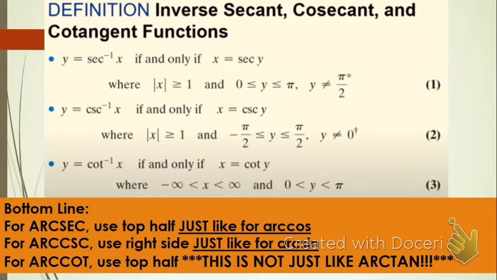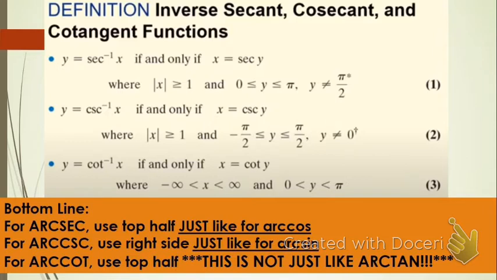Do you remember why we had to stay in between negative pi over 2 and positive pi over 2 for tangent? What's tangent of pi over 2? Undefined. What's tangent of negative pi over 2? Undefined. So we had these boundaries. That's why I had to stick in between 1 and 4 for arctan. Where is cotan undefined?